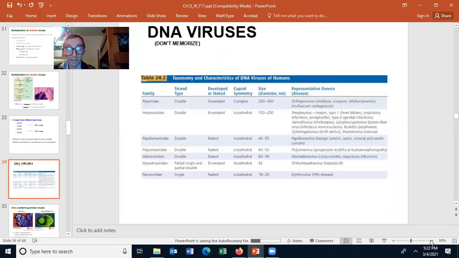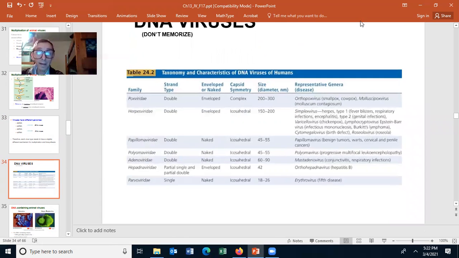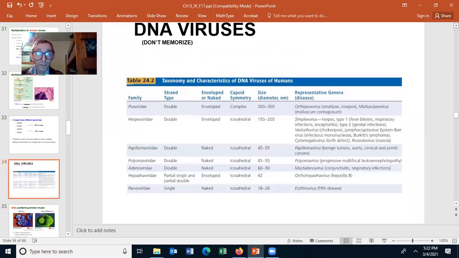Let me see if I can blow this up. Yeah, that's better. DNA viruses, don't memorize the table, don't know the names. We will talk about a few of them. We've already talked about the herpesviridae. The poxviridae is smallpox and cowpox, so we have talked a little bit about that. We haven't talked about the others. We will talk about adenoviridae, the adenoviruses.